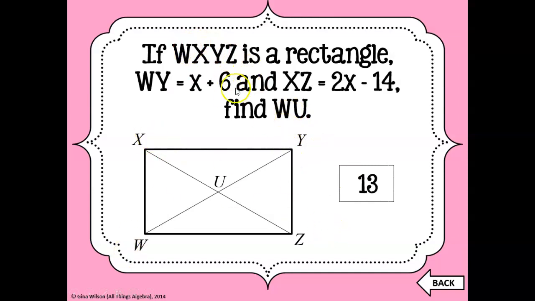Those are my diagonals. So I set these equations equal to each other. When I find my x, which I believe is 20, I plug it back in and get 26. But now W is only half of that, so that's how I get 13.